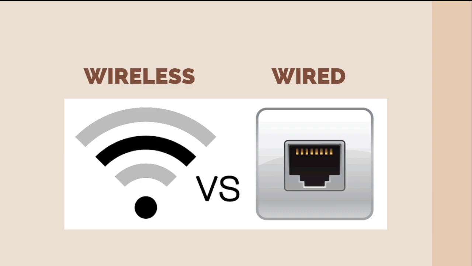The data is transmitted through these cables as electrical signals, which are converted into digital information that can be processed by the devices. Wired connections are generally more reliable and faster than wireless connections, as they are less susceptible to interference and signal degradation. Wireless technology, on the other hand, uses radio waves to transmit data between devices.